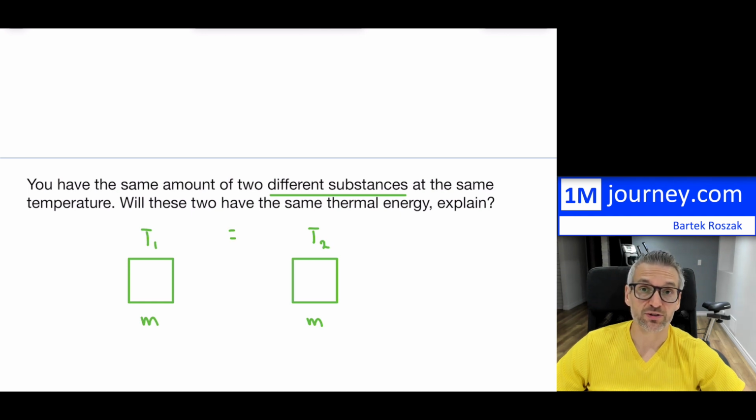And if they're different, they're going to hold a different amount of the potential energy within those bonds. And then that will possibly impact the kinetic energy within them. So just because their temperatures are the same and they have the same amount, if they are different substances, they may still have different thermal energies.